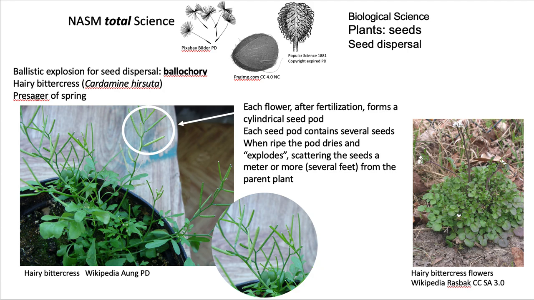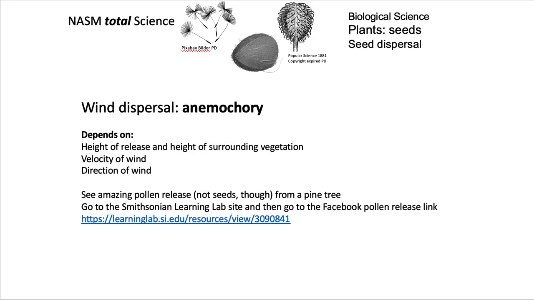And then in lots of gardens, we'll call it a weed, presager of spring, the hairy bittercress here with small pods, and as they dry, the seed will explode when it's touched by an animal, or often anyway when it's finally dried, scattering the seeds a metre or more from the parent plant.